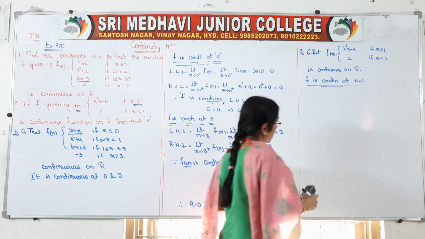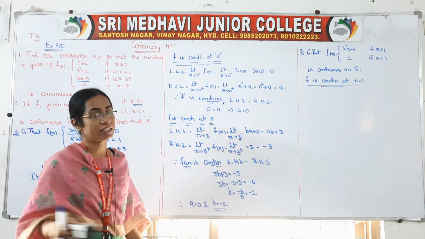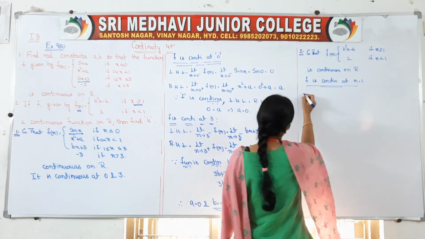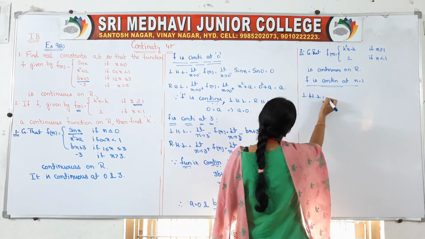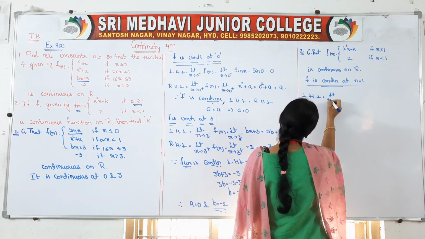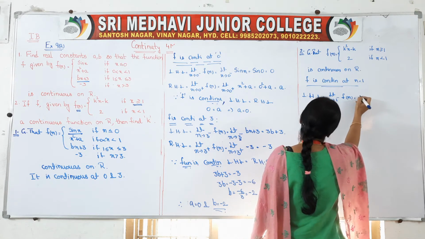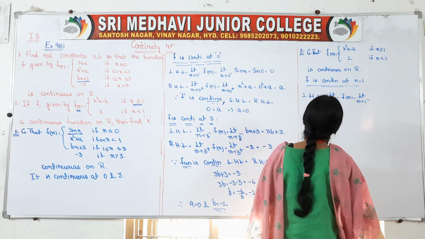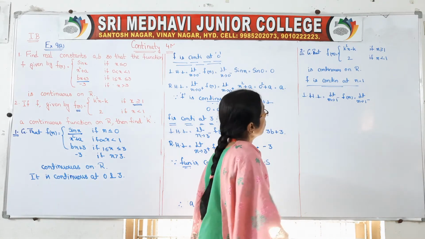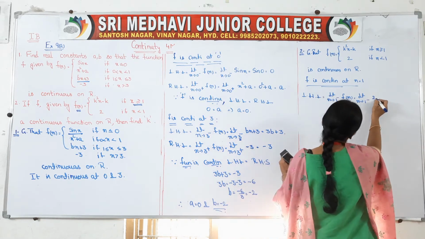So left hand limit at x equal to 1 is equal to right hand limit at x equal to 1. So come on, left hand limit, right? So limit x tends to 1 minus f of x is equal to limit x tends to 1 minus; if x is less than 1, the function is defined as 2.